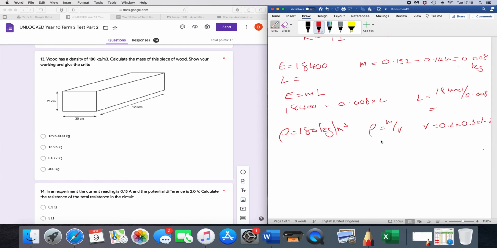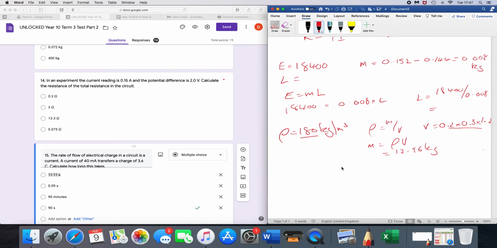And if you multiply all that together, the mass, of course, is density times volume. So multiply all of that by that, and you will get B, 12.96 kilograms, which is about right for a lump of wood like that.